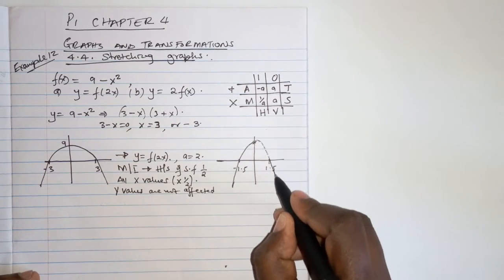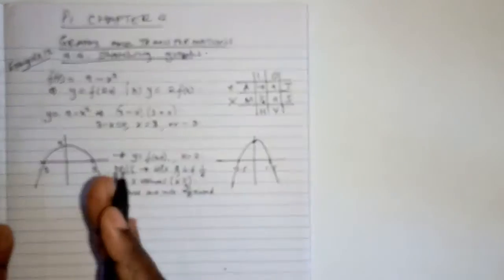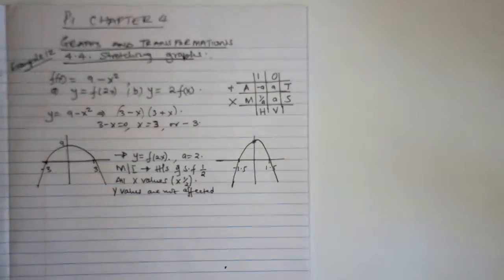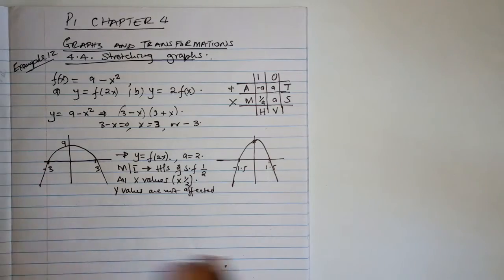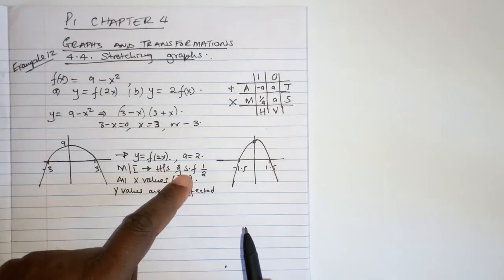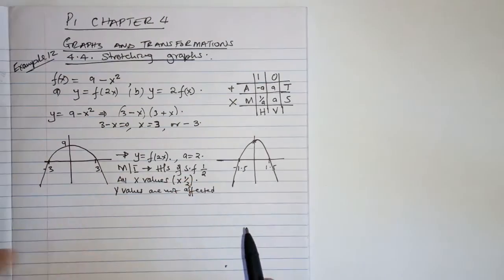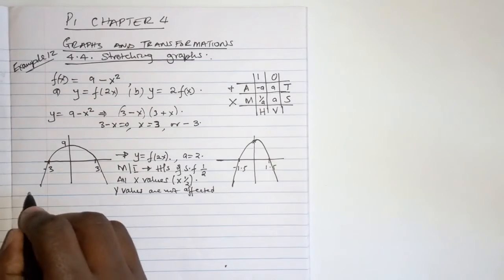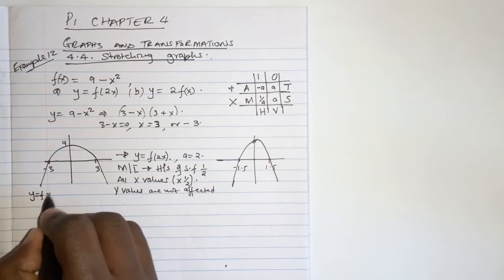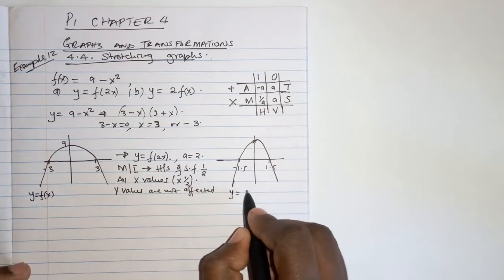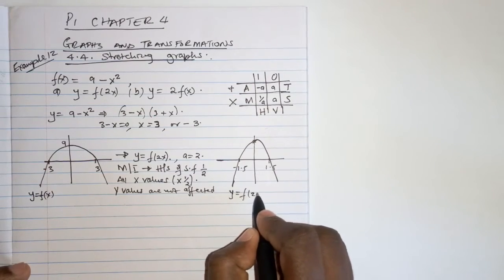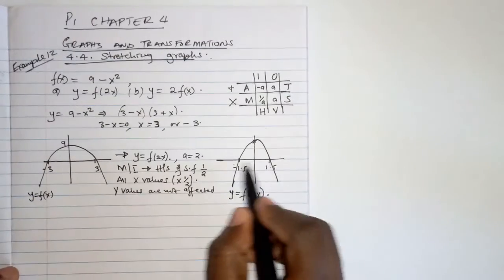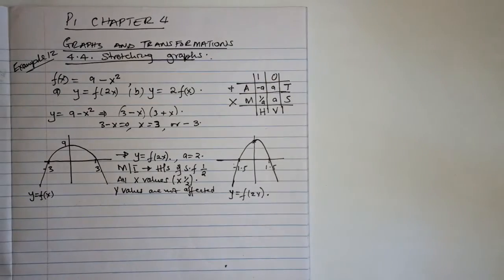You can see that our graph is squeezed according to the horizontal stretch of scale factor half. This one is y equals f(x) and this one is y equals f(2x). Please note the conspicuous points which are realized.